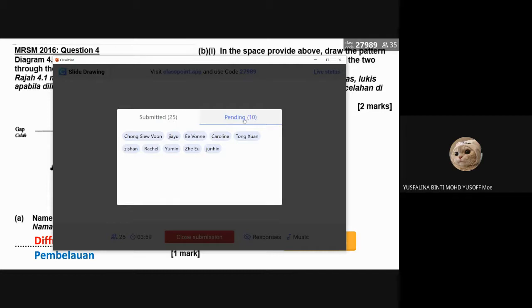Siobhan, Jayu, Yvonne, Caroline, Zishan, Rachel, Yumin, Jayu, Junhin.